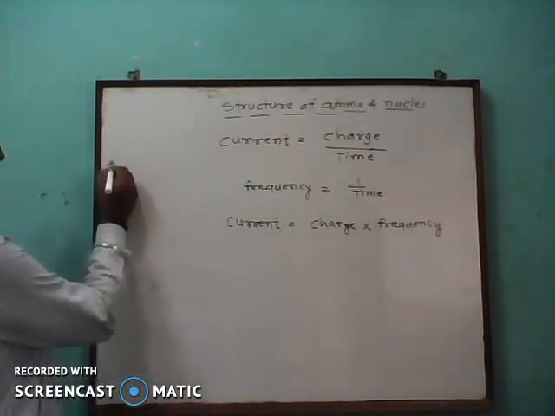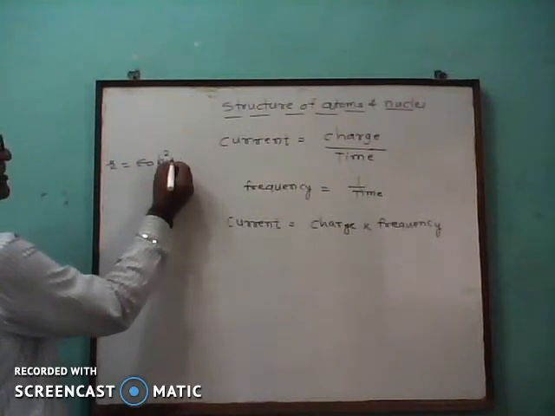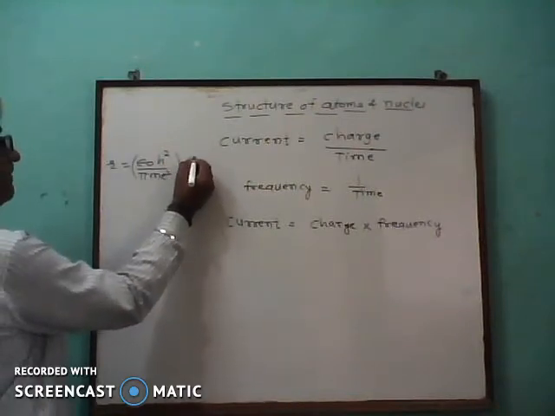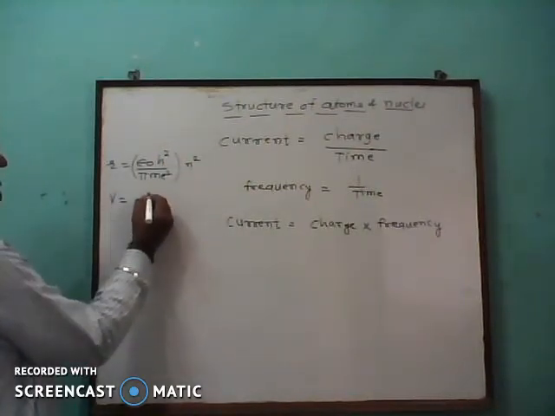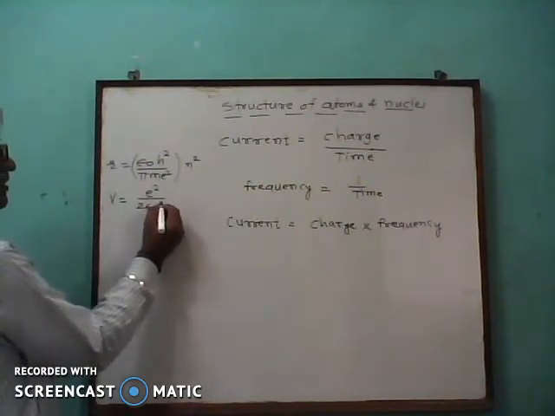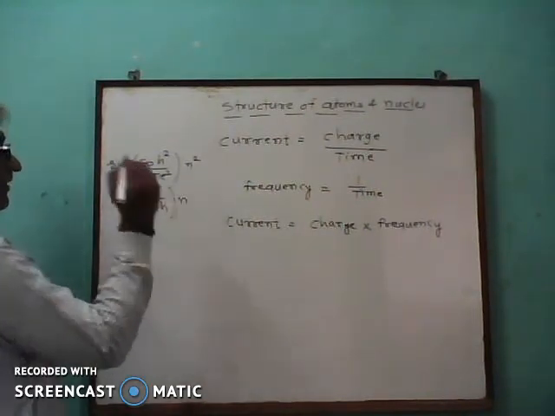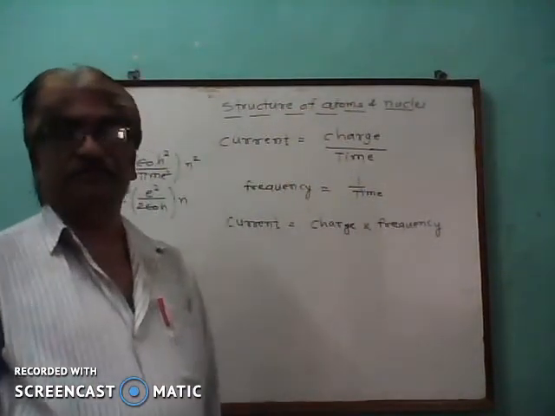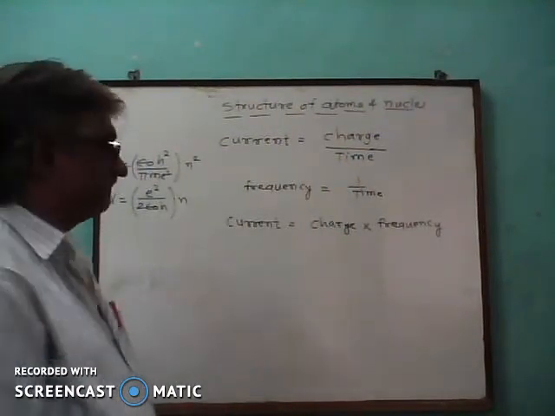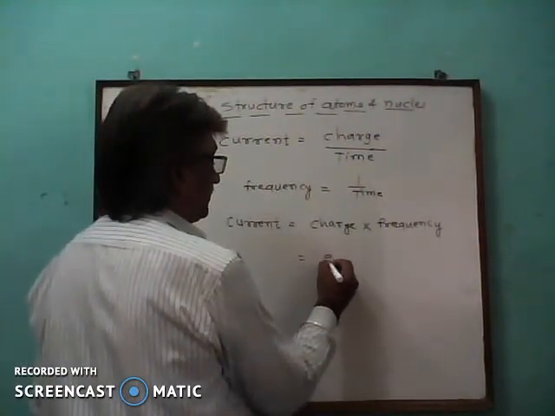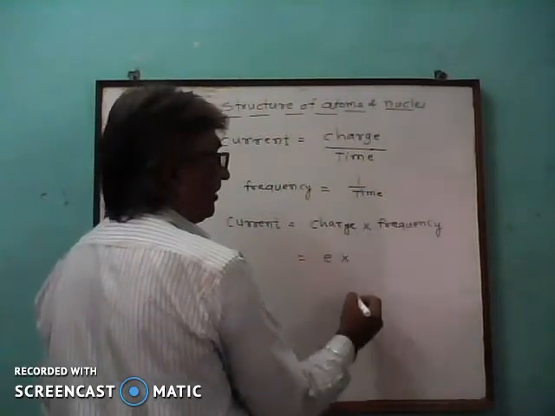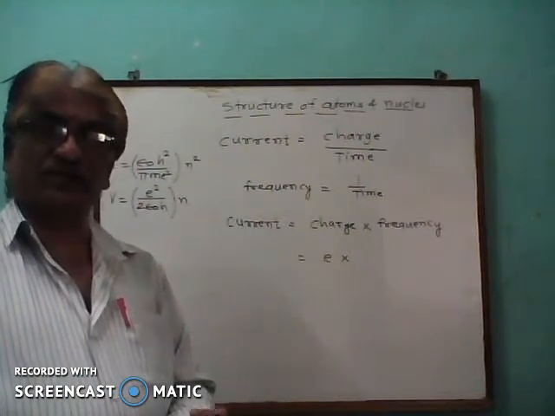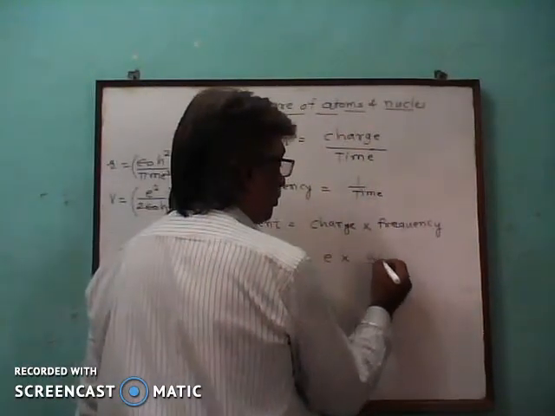We know that radius is epsilon 0 h square upon pi m e square into n square, and the formula for velocity is e square upon 2 epsilon 0 h into n. Here charge is e and frequency is f, where omega is equal to 2 pi f, that is, frequency equals omega upon 2 pi.